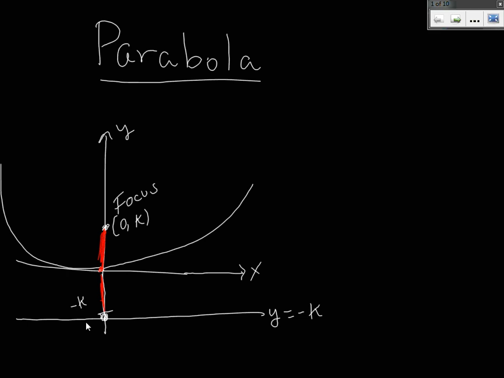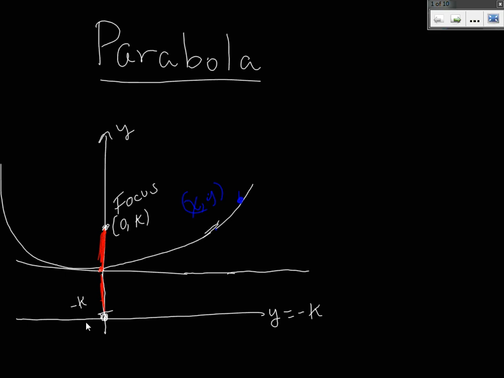Now, what is the definition of a parabola? How does this point, x comma y, get to be on the parabola? But let me just put that point somewhere else. Let me put it up here. And the question is, how does that point and any other point of the parabola come to be there?